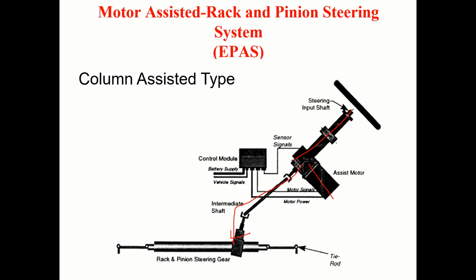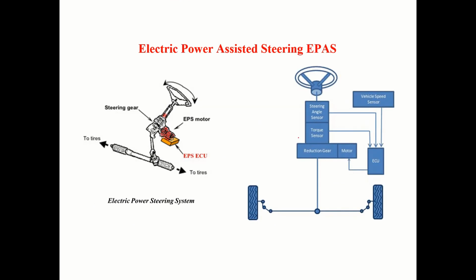So how exactly assist motor torque will be controlled? There is a controller. Give the vehicle speed to the ECU. Steering angle delta, as I said, delta, vehicle speed V, ECU based on the model will calculate the torque required.